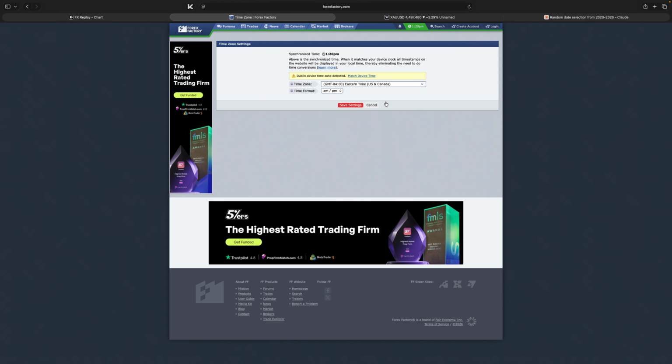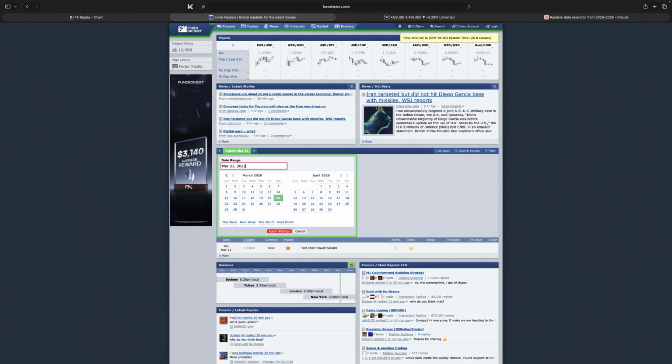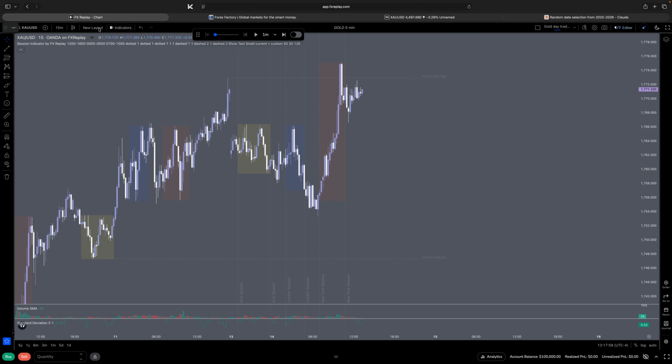Okay, perfect. So we start here. We can see we have PPI at 8:30 a.m. Let's go to the 15-minute time frame, and then we can essentially fast forward it.